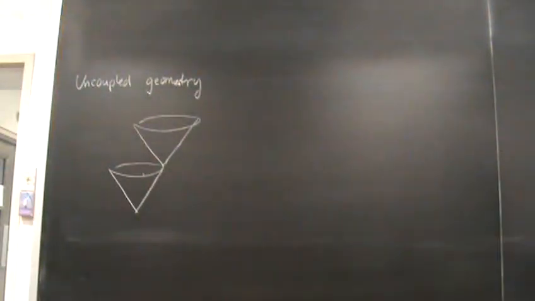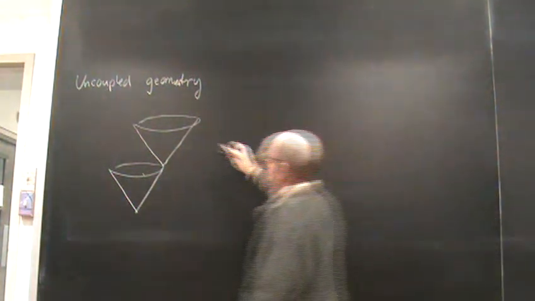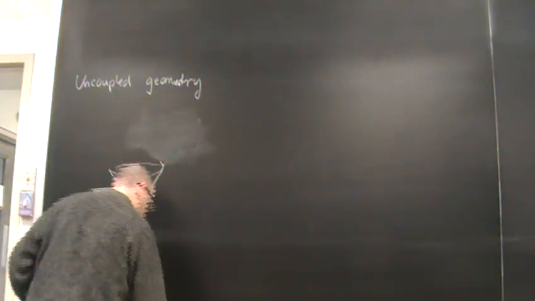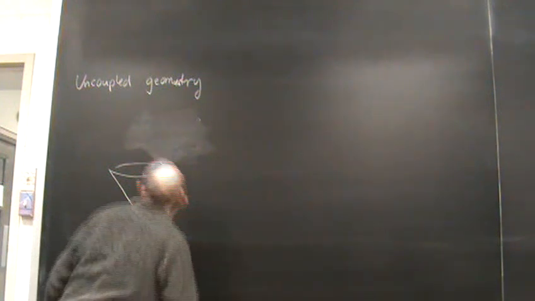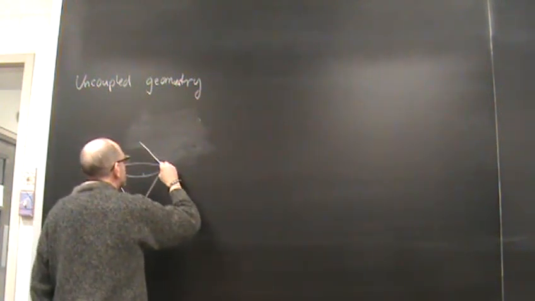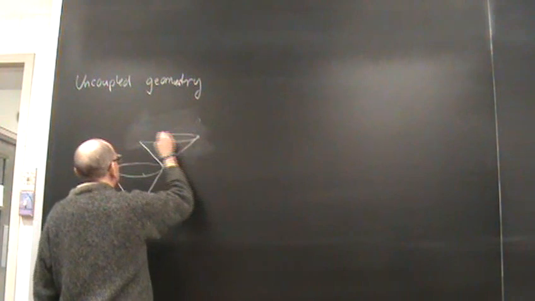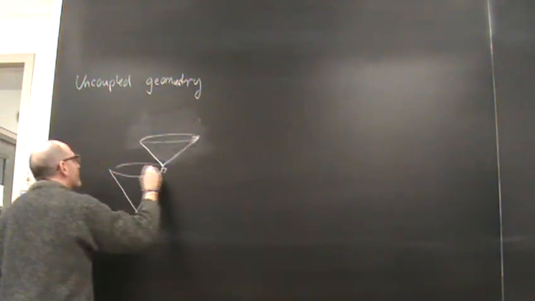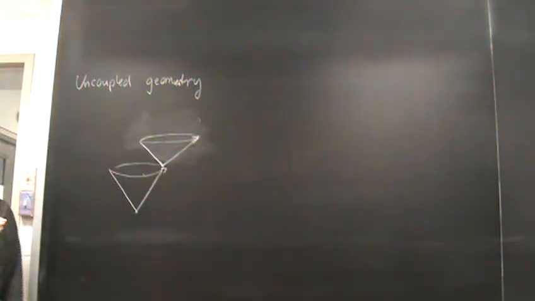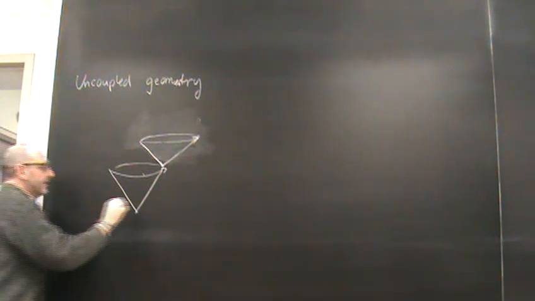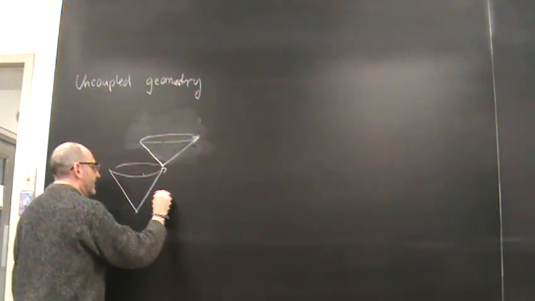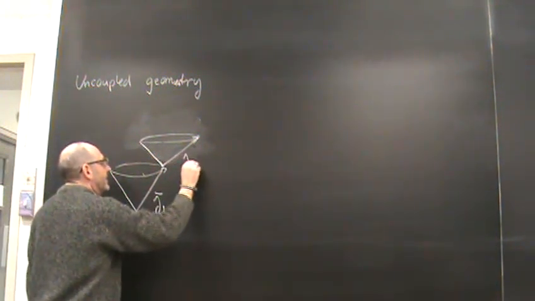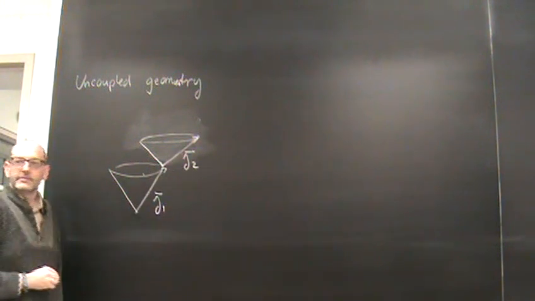Does it have to be the same magnitude? Make those two cones different, because they can be anything I like. So here's a picture where what I'm saying is there's a J1 vector, there's a J2 vector.